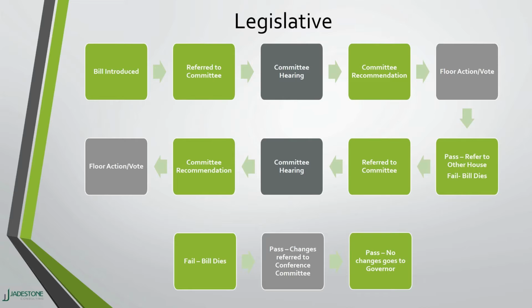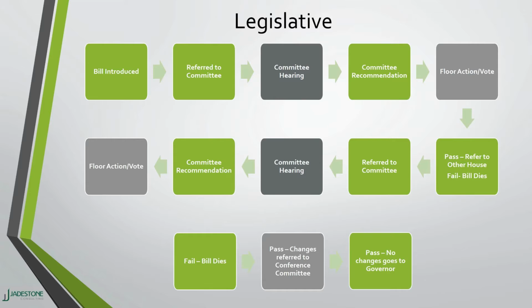Let's say the bill was originally introduced in the House, and then it goes to the Senate, and the Senate makes no changes to the bill that the House sent over. It is then passed and sent to the governor for his signature or potentially for a veto, in which case it would come back and we'd go through the veto override and all of that.